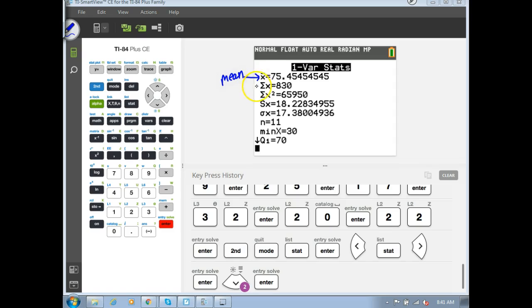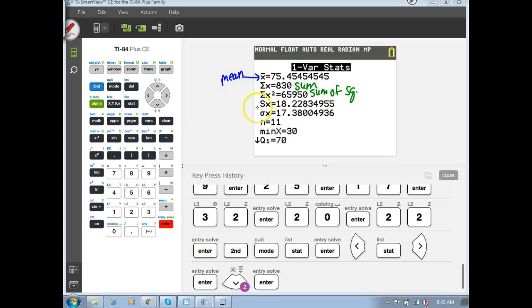It's a Greek letter, and it means to sum. So when they say sigma x, that means they added all of them together, which isn't really interesting to you because you probably wouldn't want to do that. When they do the sum of x squareds, it's the sum of the squares. And again, you're probably like, why would you want to do that? Back in the day, we had to hand calculate standard deviation and variance, and the sum of the squares was a very important feature.